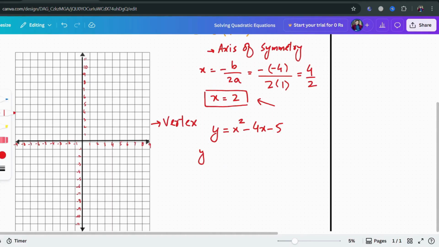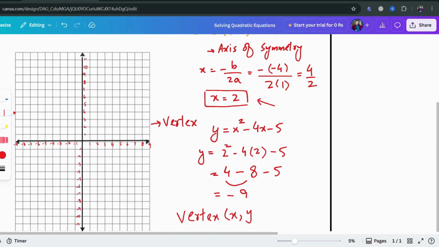We get y equals 2 squared minus 4 times 2 minus 5. That is 4 minus 8, which is negative 4, and negative 4 minus 5 is negative 9. So the vertex, which is always x and y, is equivalent to 2 and negative 9. So this is the vertex that I've got.